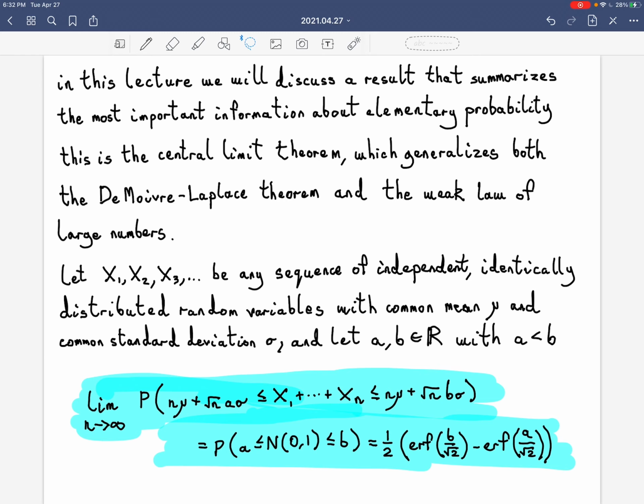In the case of the de Moivre-Laplace theorem, what we assumed is that we have these random variables which are representing the score in the coin flipping game, and because the coins are fair, the score in one round has no effect on the score in any other round.